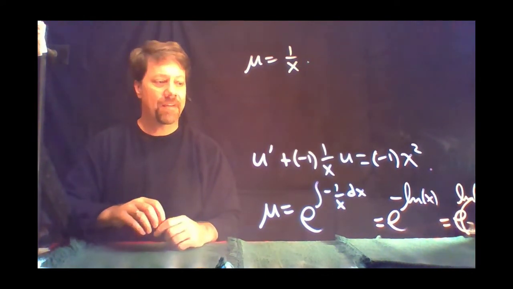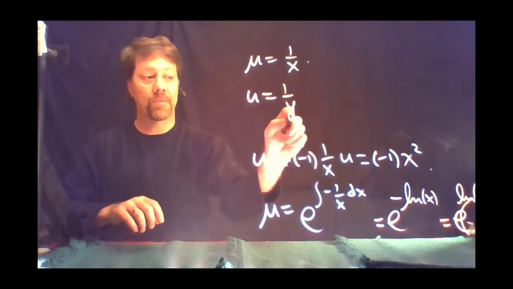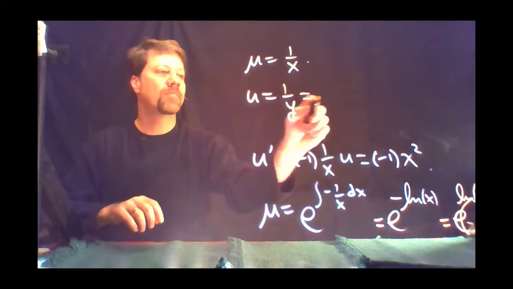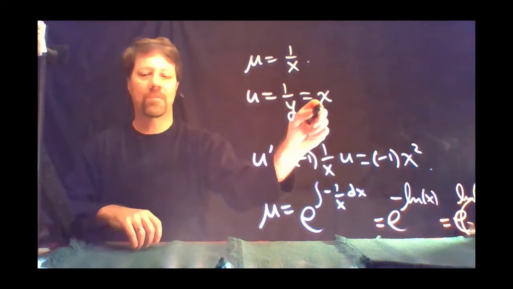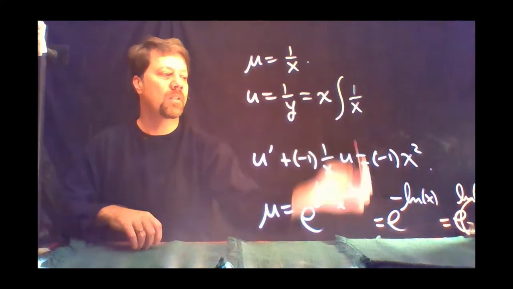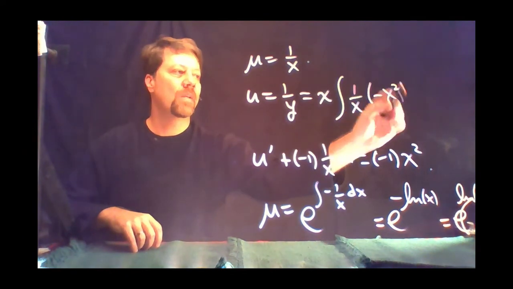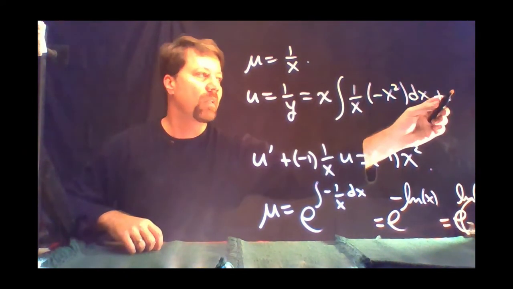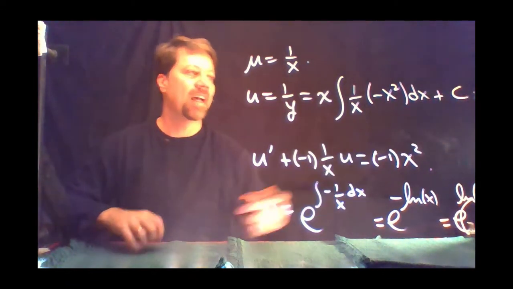With this integrating factor, we can write down the solution u, which is, by the way, 1 over y, equals 1 over mu, 1 over 1 over x is just x, times mu times this q, which is negative x squared, plus c divided by mu, which is c times x.